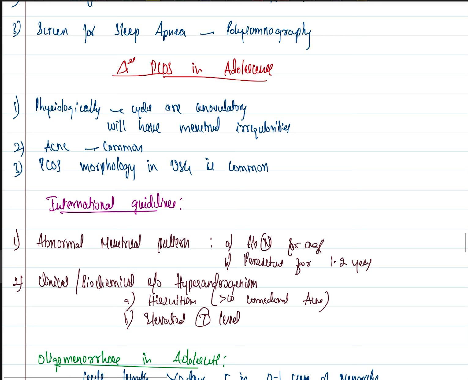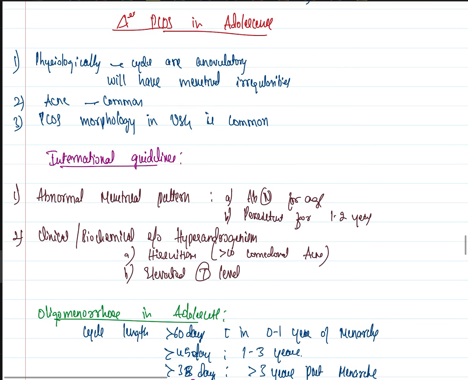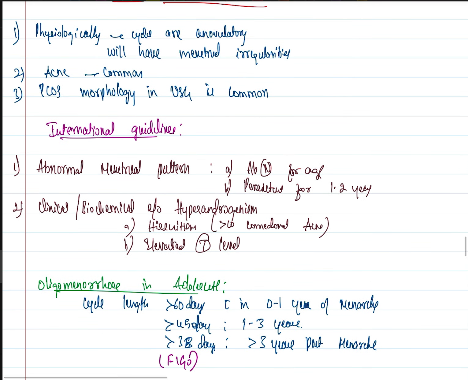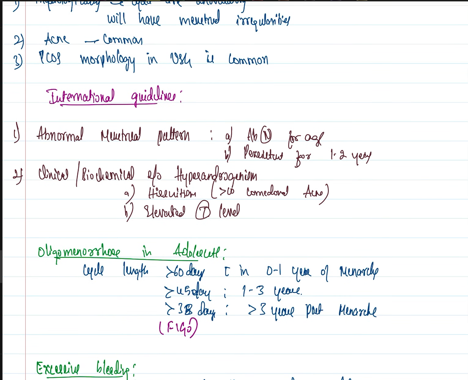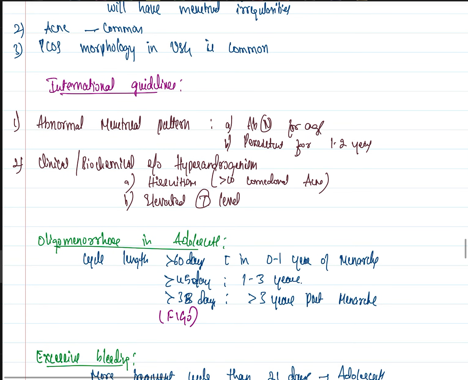So for that we have international guidelines as well, which give proper diagnostic criteria. Whenever there is abnormal menstrual pattern which is abnormal for the age and which persists for 1 to 2 years, and clinical or biochemical evidence of hyperandrogenism: hirsutism, more than 10 comedonal acne, elevated testosterone levels.